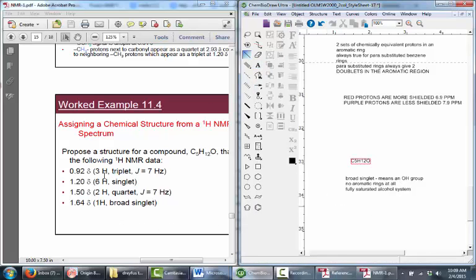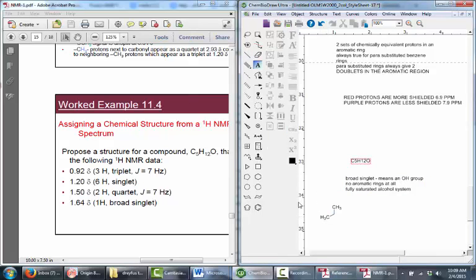So I have 4 different types of protons, even though I have 12 protons in the molecule. The fact that I have 6 H's that are a singlet means that I have 2 chemically equivalent methyl groups. So let's draw that.